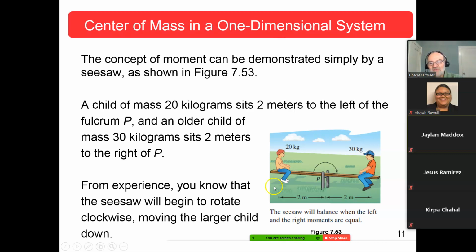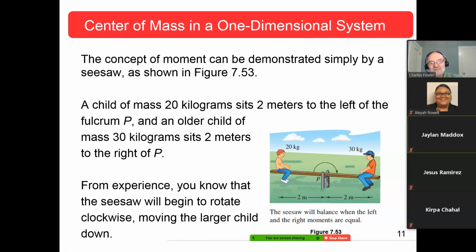From experience you know that the seesaw will begin to rotate clockwise because the heavy kid is down there, so it's going to move in that direction if they're equidistant from the end, if they're the same distance.